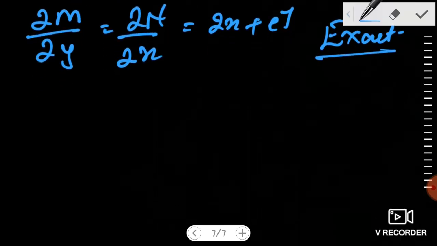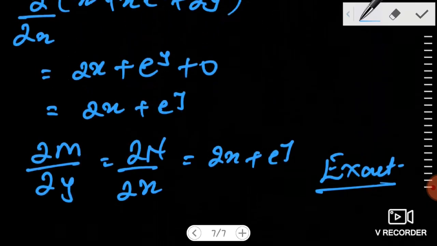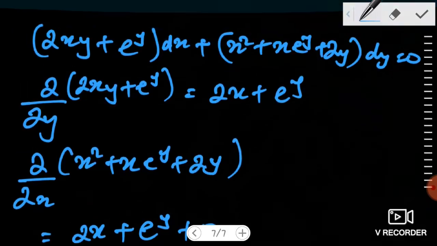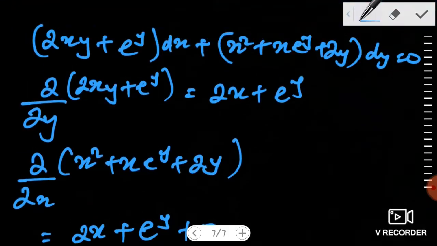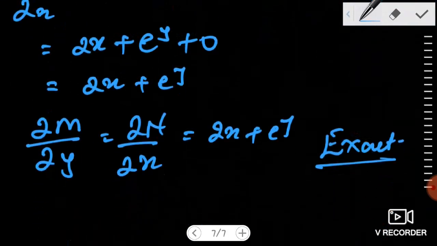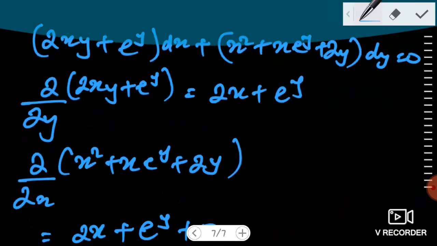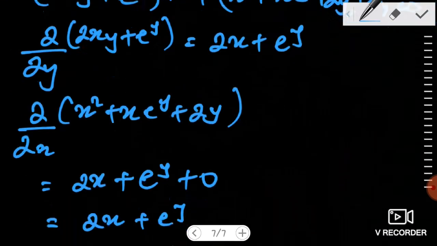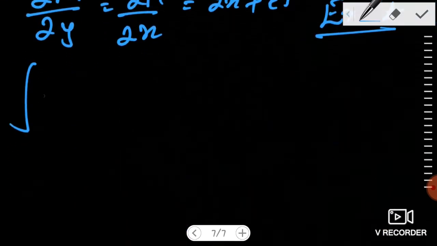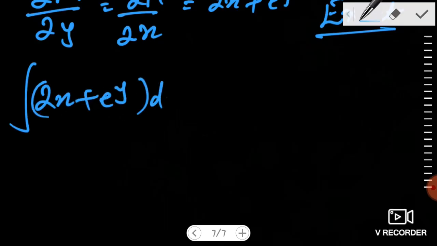Now, to get the general solution, we have to integrate M, which is 2xy plus e^y, with respect to x, right?